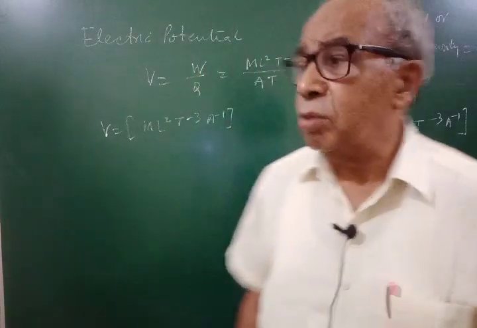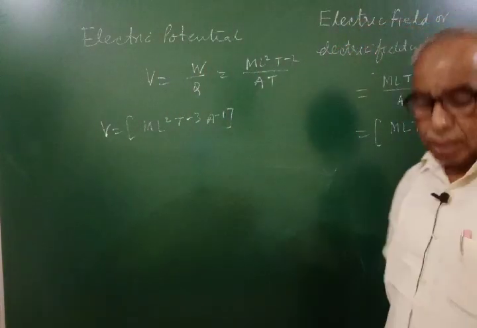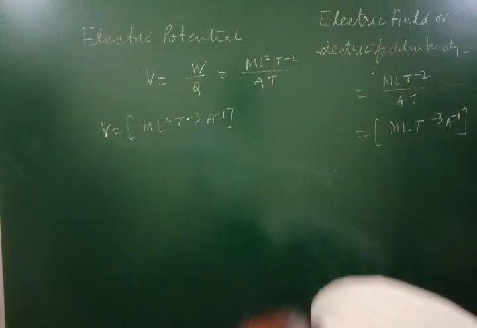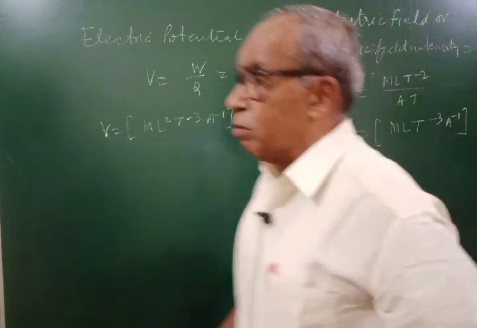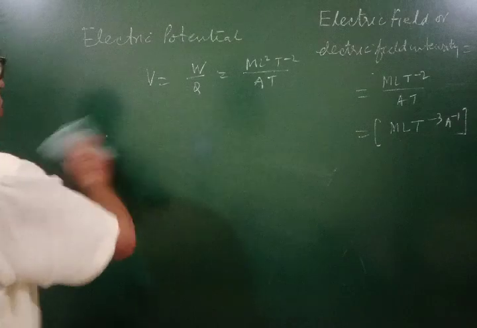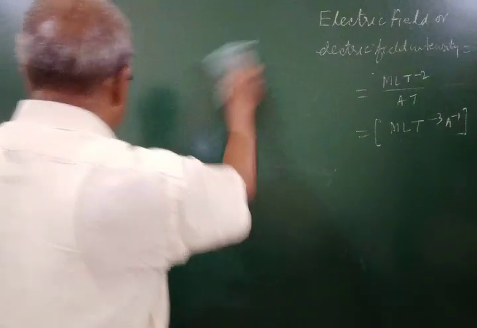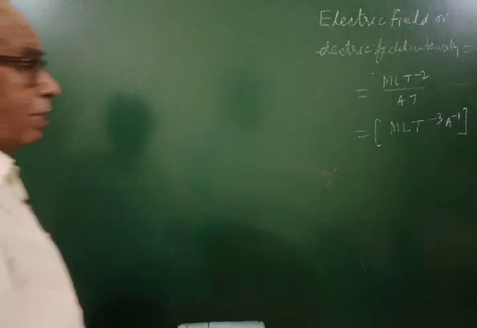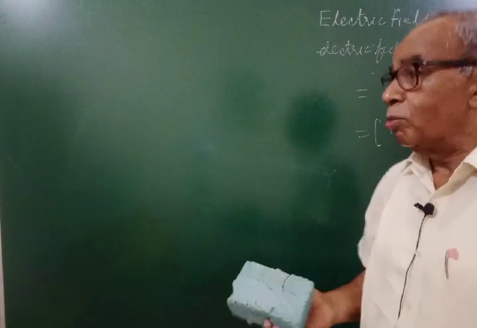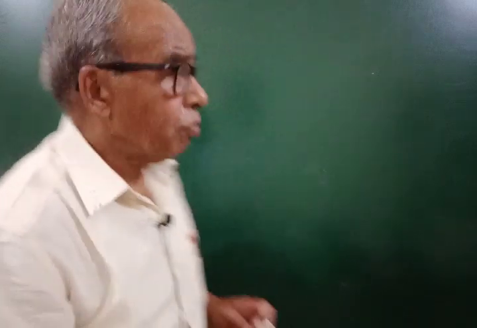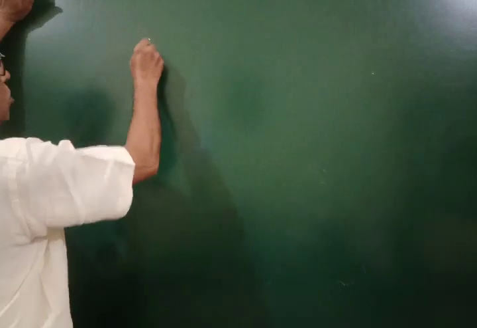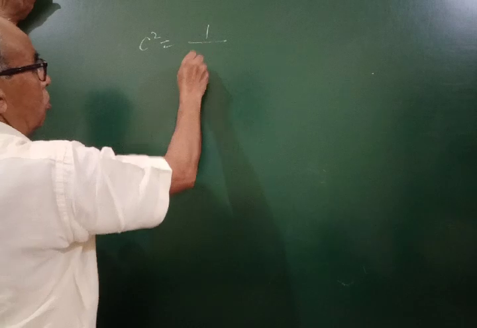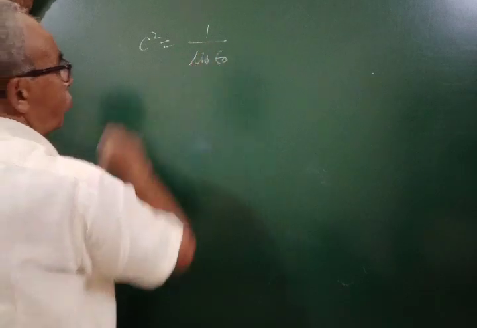There are two terms which you, students of class 12, have heard, but class 11 students do not know. Speed of light, you know, is 3 × 10^8, and the speed of light is a constant value. No object can travel faster than the speed of light. And here there is a relation: c square is equal to 1 upon μ0 into epsilon 0.